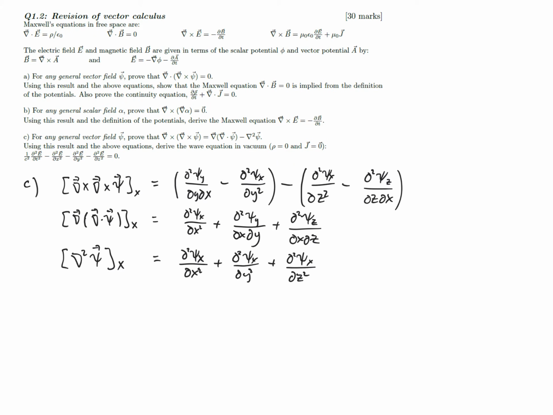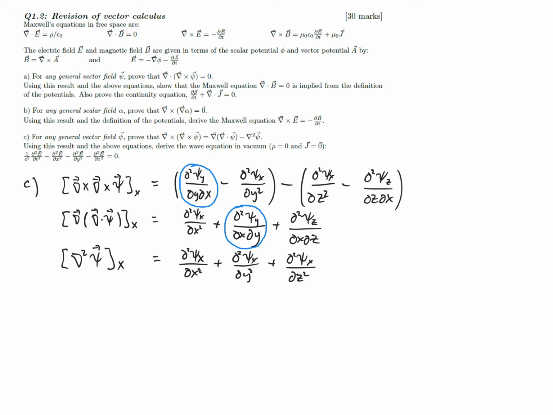Okay, so what we want to show is that these things are equal, and we can do that by comparing the various terms. So on the left-hand side, we have this term here, d squared psi y by dy dx. And on the right-hand side, we have the same term featuring here, almost. Again, we exploit this idea that the second mixed derivatives are equal to each other.